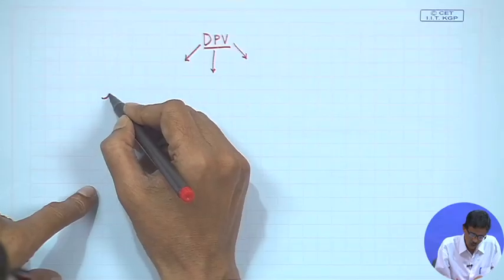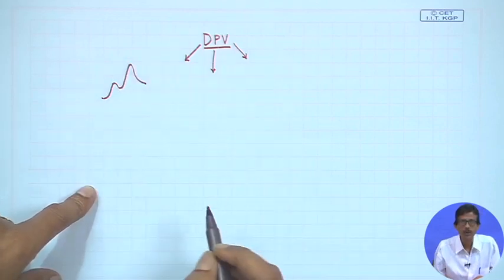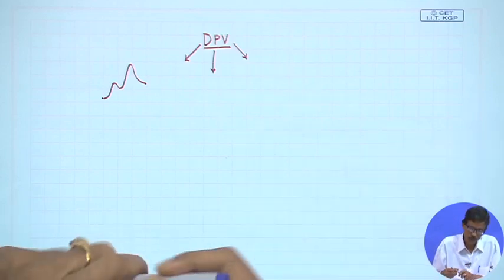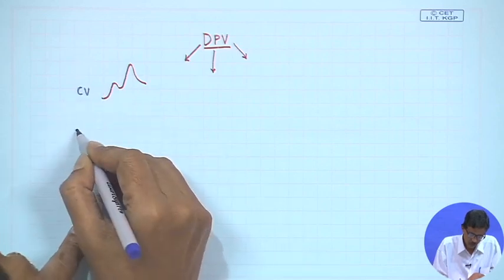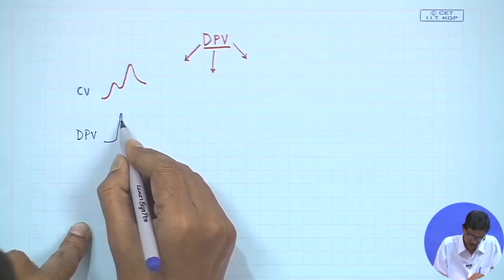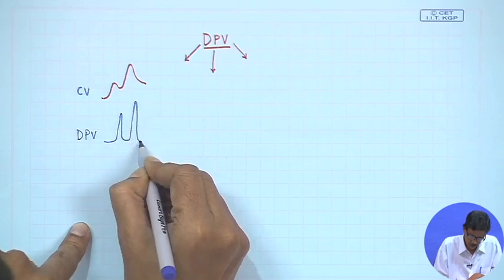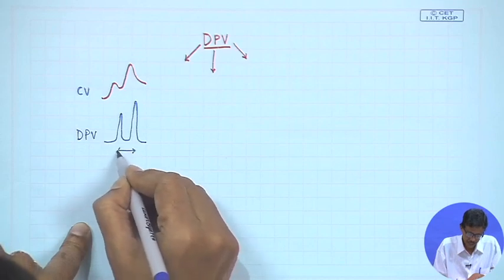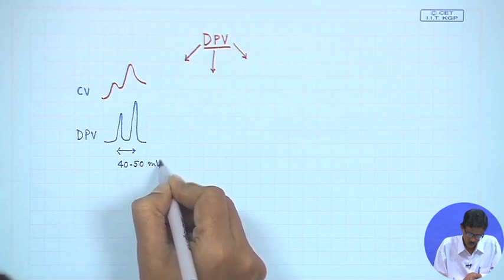Just now we were talking about these two plots in the cyclic voltammetric one, a particular way of scanning, and the reverse is also there. So, if it is for CV, DPV for that will give you, from the baseline, very sharp and prominent peaks for these two electron transfer reactions, because this separation can be simply 40 to 50 millivolts.